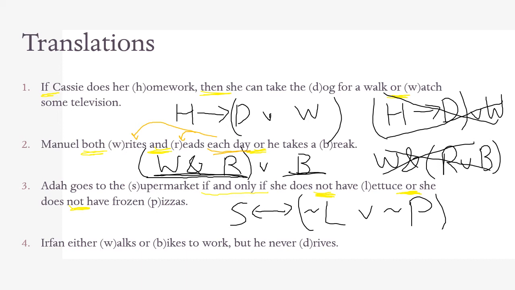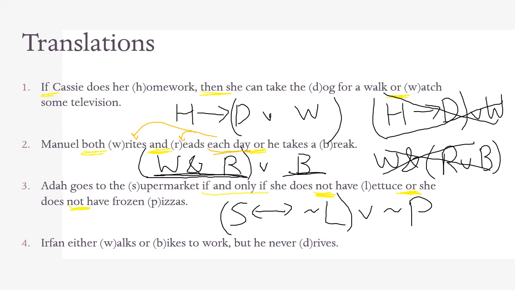Let me read you how this comes across if we put the parentheses here. If we put the parentheses there, it's saying Ada goes to the supermarket if and only if she does not have lettuce, or Ada does not have frozen pizzas.